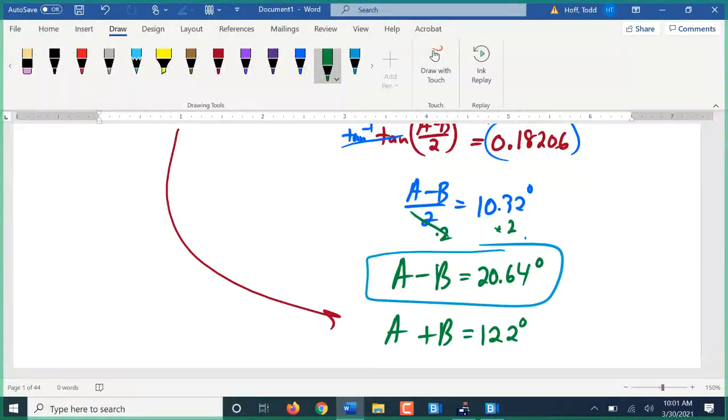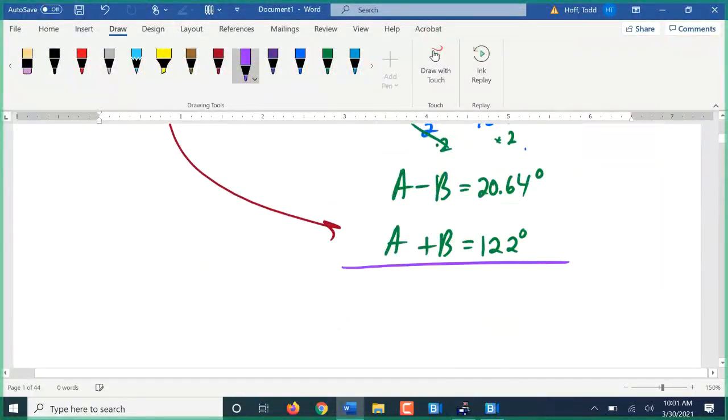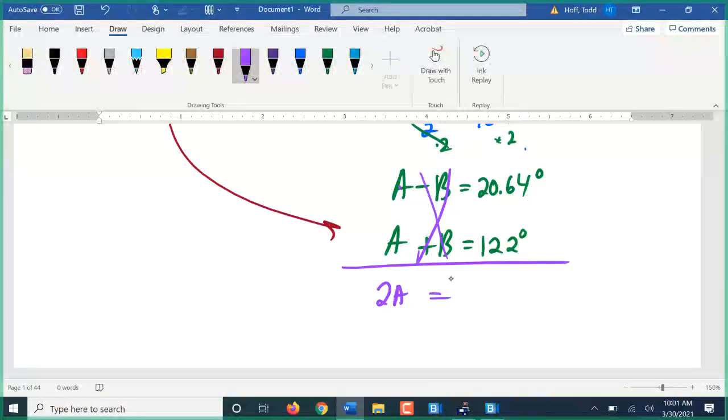Well, this is now a system of equations, and I know how to solve this system. It's set up to solve with elimination or addition real quickly. A plus a is 2a. Negative b plus positive b cancels out. 20.64 plus 122 is 142.64. To solve for a, we divide by 2.